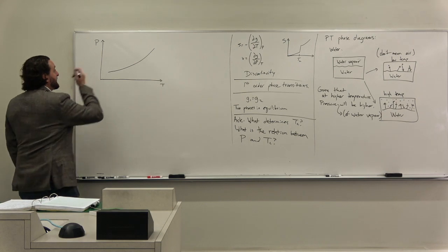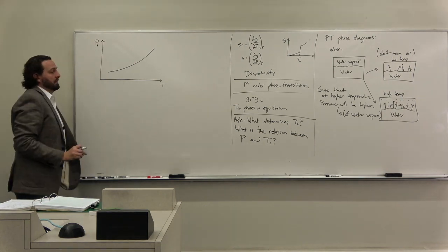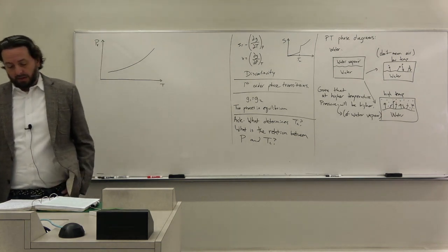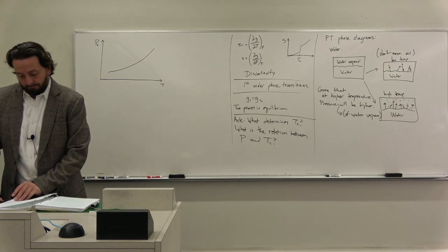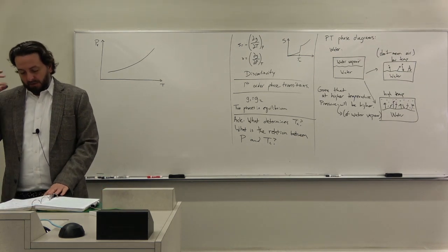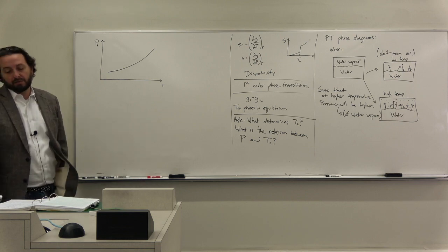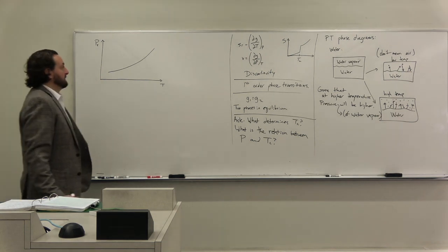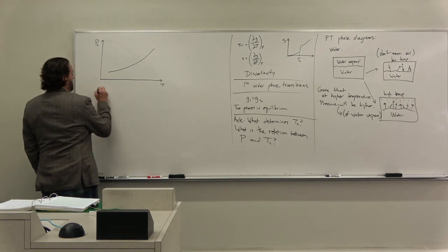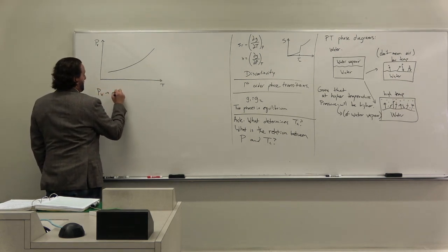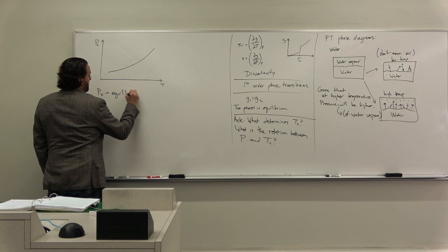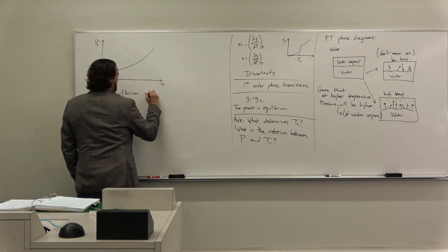Let's call this the PV. This is going to be the vapor pressure. I'm just trying to accent that it's not the air pressure, it's the vapor pressure above. So PV is going to be our equilibrium vapor pressure.